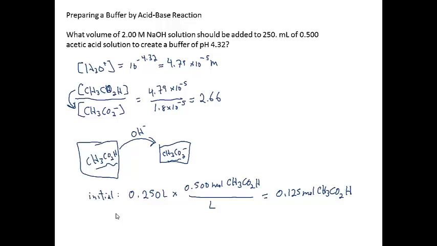When the reaction happens, for each mole of hydroxide that we use from our sodium hydroxide, we're going to decrease our amount of acetic acid by X, and we're going to increase our amount of acetate by X. So X is the amount of hydroxide we're going to add.